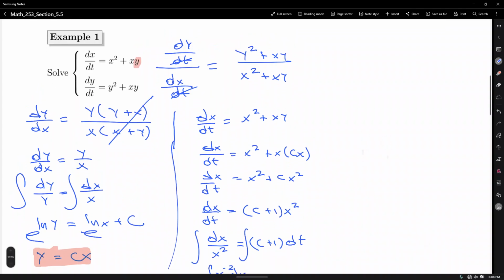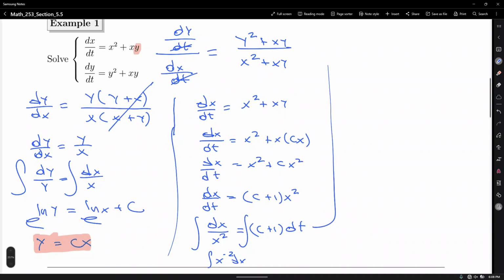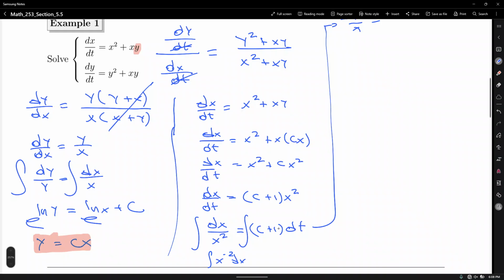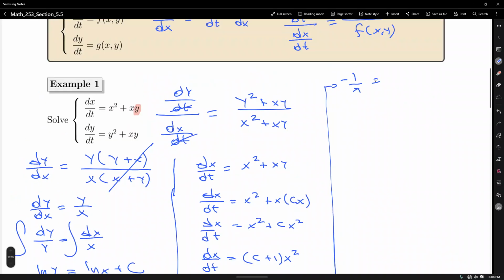Let me continue all the way up here. That'll be negative 1 over x, right? Equal to the integral of a constant times t, that is the constant c plus 1 times t plus a second constant d. All right? Because that's out of a different solution.